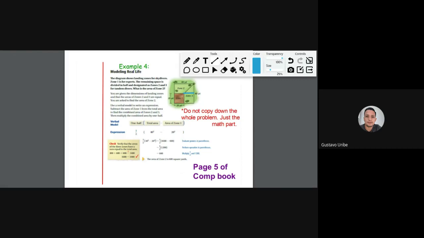So if this line wasn't here, I'm looking at this whole rectangle right here.